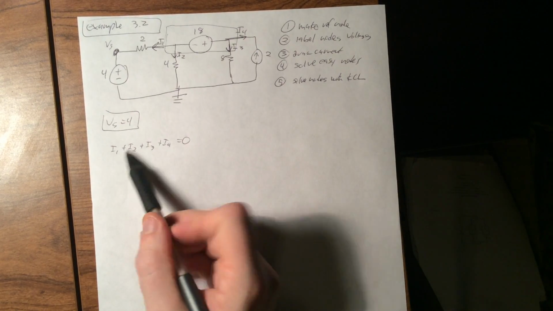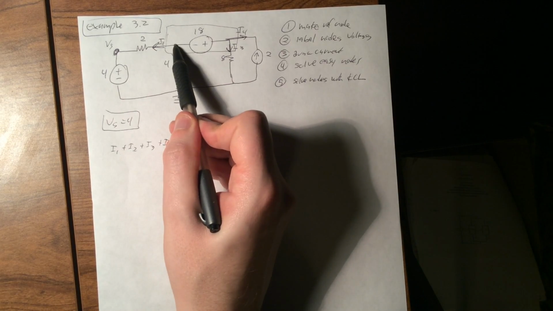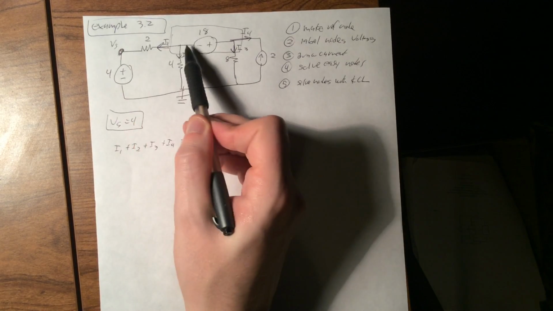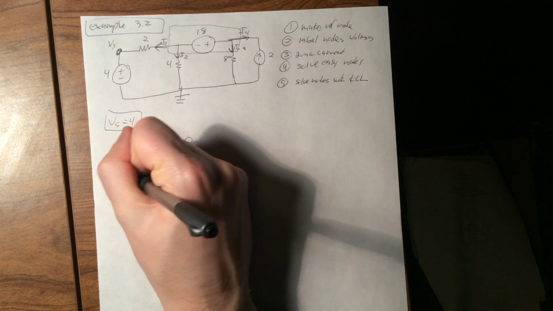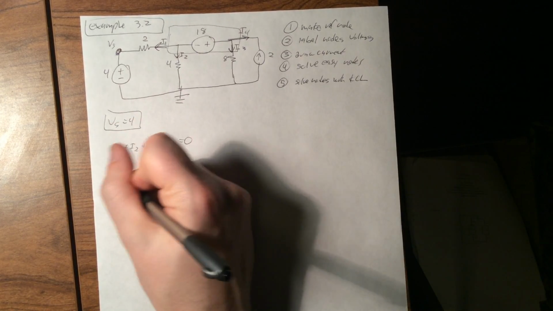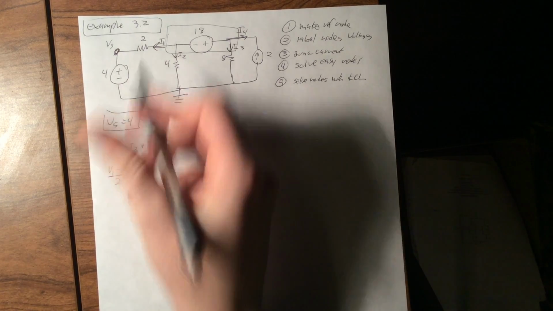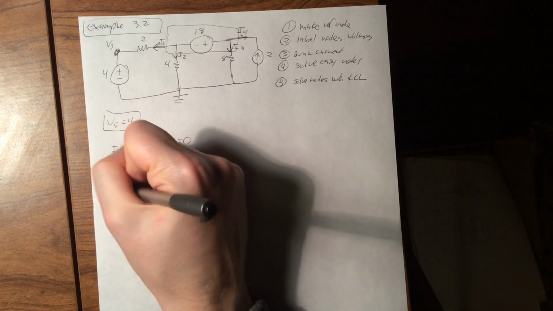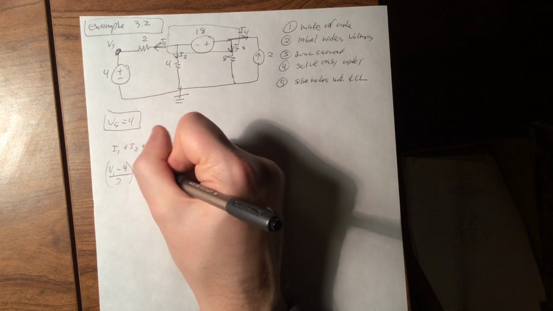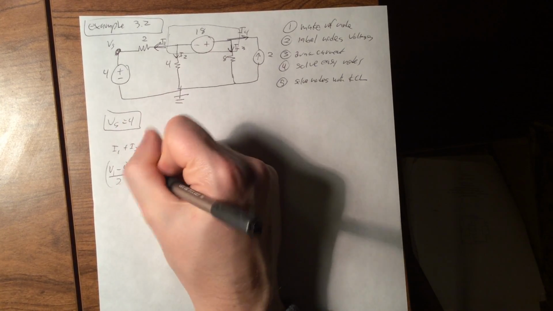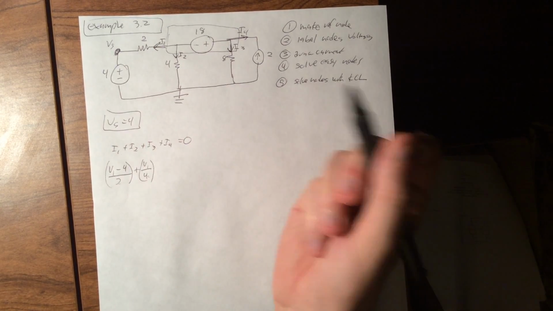Now we're going to look at I1. That's going to be V1 minus Vs, and Vs is 4, so V1 minus 4 divided by the 2 ohm resistor. That's I1. Plus I2 equals V1 over 4. We got that one.